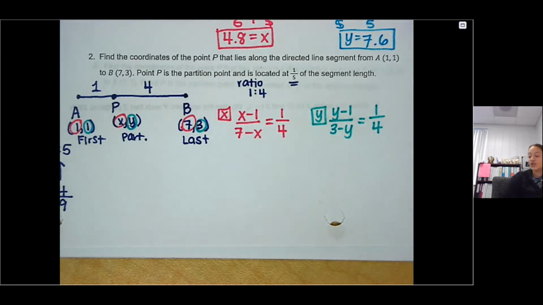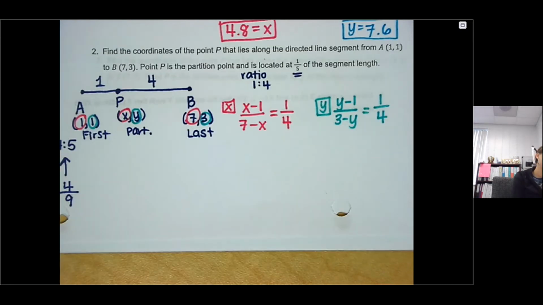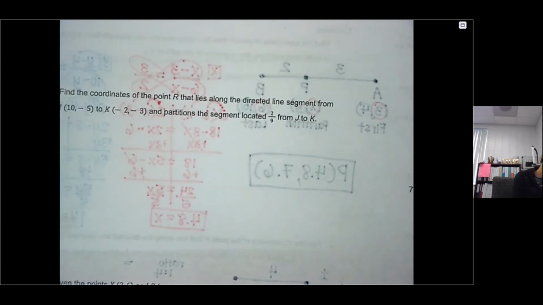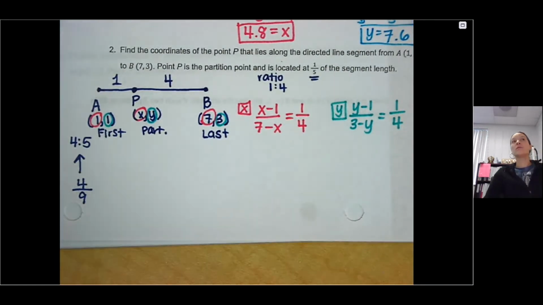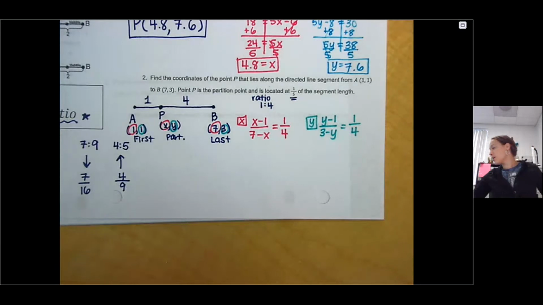All right, here's your homework tonight, friends. You're going to finish up number 2. You're going to do 2, 3, and 4. Okay, that's your homework tonight. Number 2, number 3, and number 4.